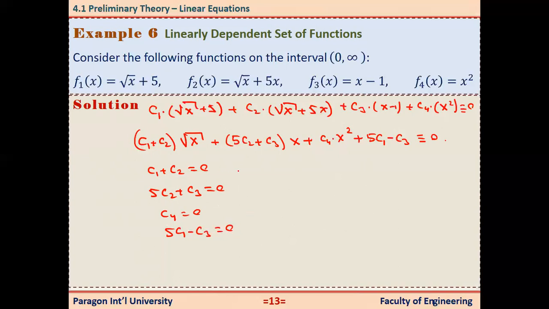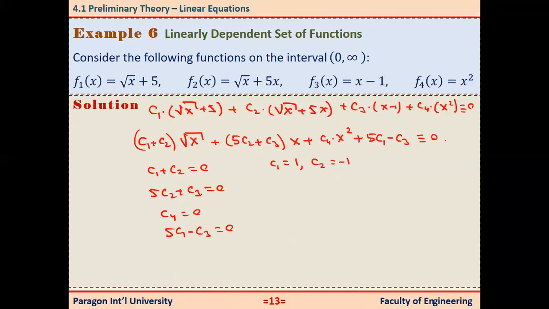Right? So from here, let me just get one of them. Here c1 equals minus c2, 5c2 plus c3 is equal to 0, and 5c1 minus c3 is equal to 0. Because I'm just looking at one possible set of these constants, let's say c1 equals 1. From this equation, c2 equals negative 1.